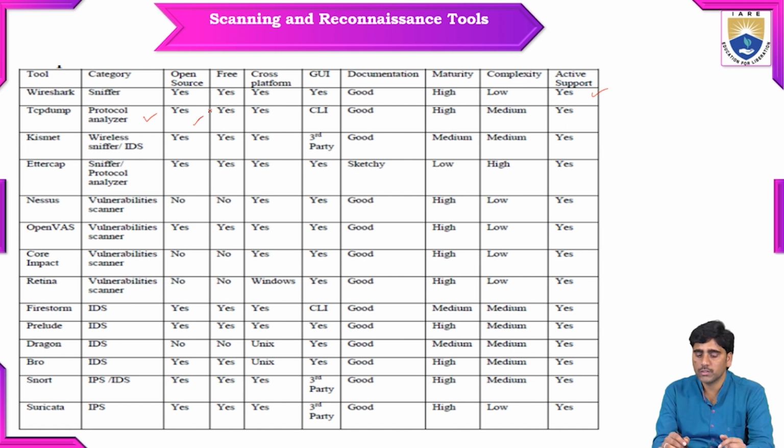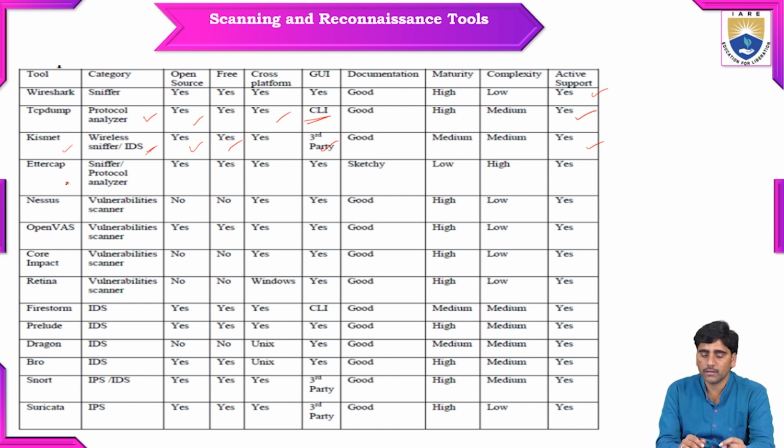It is open source and cross platform, but it operates only in CLI mode, and it is also actively supported. And third one, the Kismet tool. It is a wireless sniffer and intrusion detection system, open source and free of cost, with a third party GUI, and it is actively supported.